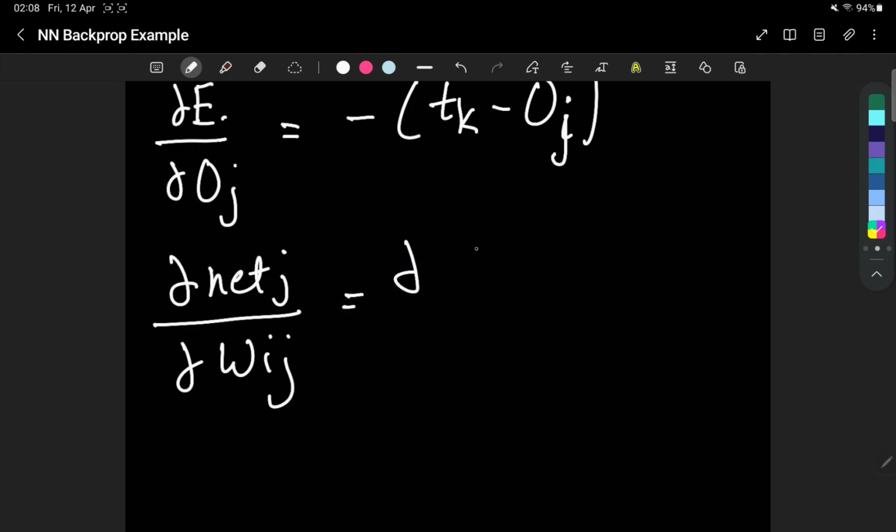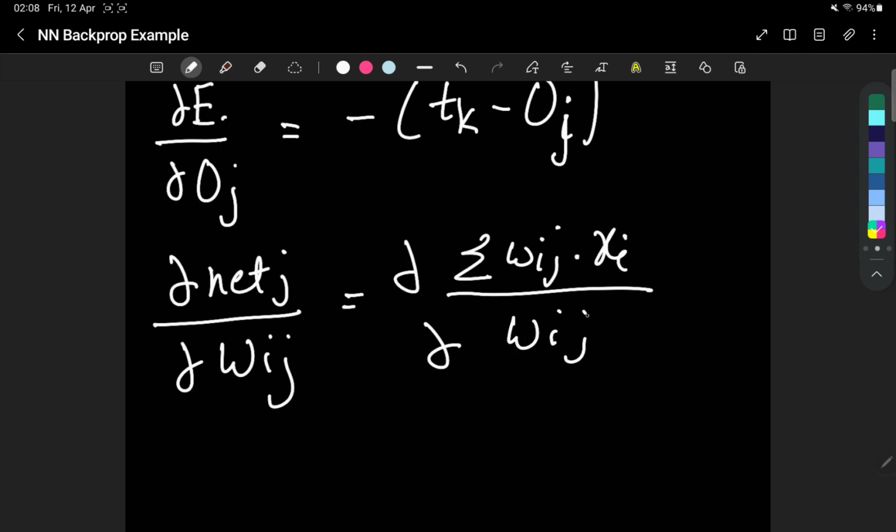Because net is the summation of w_ij into x_i, I have to calculate its partial derivative with respect to w_ij. If I calculate this, it comes out to be x_i. So this is the partial derivative of the net with respect to w_ij.